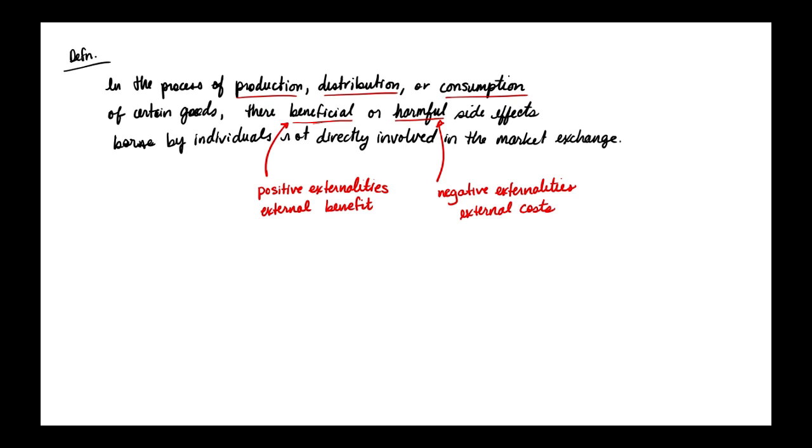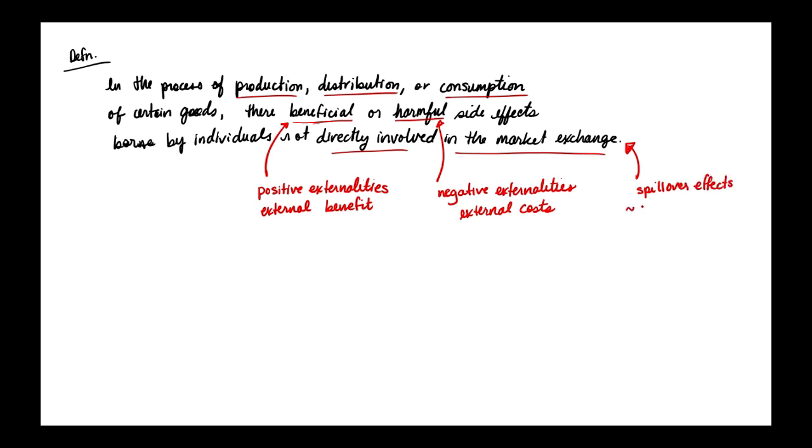So guys, we need to talk about both positive externalities and negative externalities. A third thing that we need to note is that it's borne by individuals not directly involved in the market exchange. So we can think of these people as kind of innocent bystanders. Somehow they're not doing anything, but there's a cost or a benefit that they either realize or is imposed upon them. So for that reason, when we think about these costs that somehow spill over to others, you might see them referred to as spillover effects.